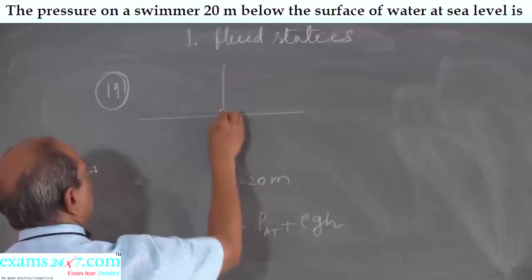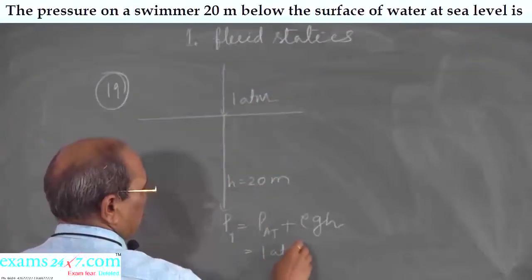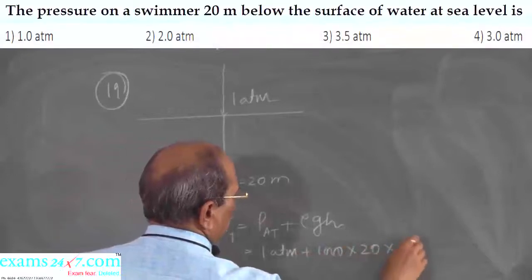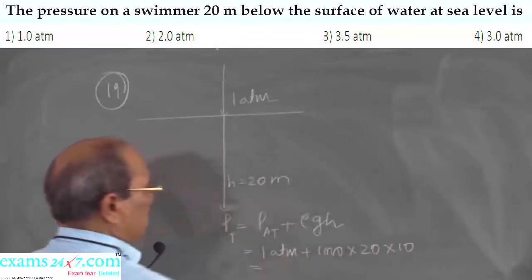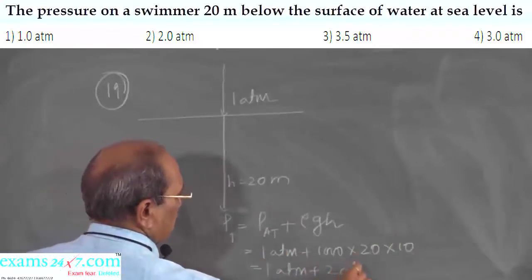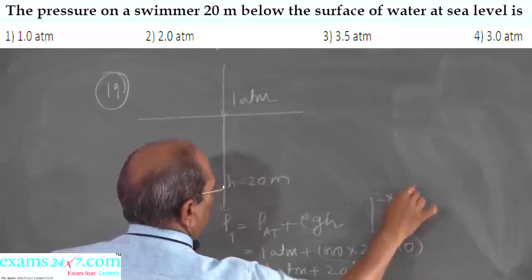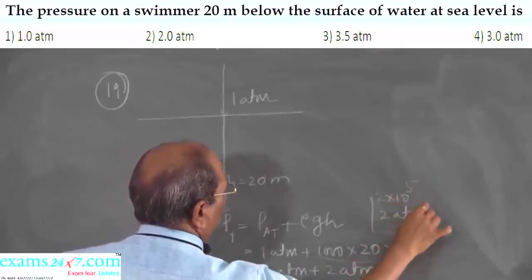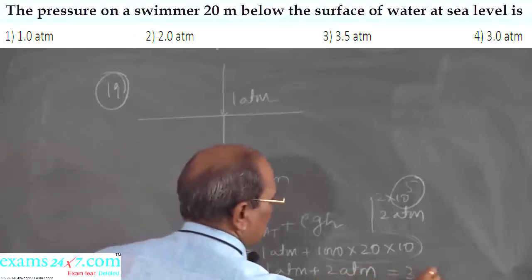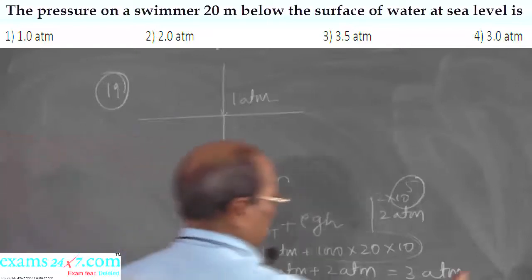In terms of atm, it is 1 atm, the pressure of atmosphere, plus 1000 into 20 into 10. This may be written as 1 atm plus 2 atm, because this becomes 2 into 10 power 5, with 1 atm equal to 10 power 5. The answer becomes 3 atm. The solution is the fourth option.